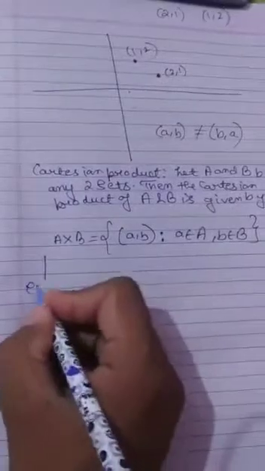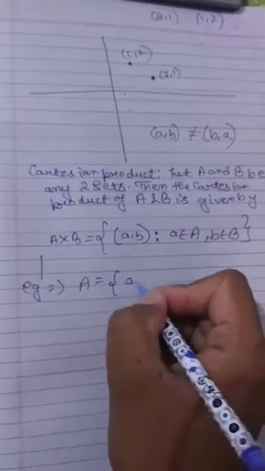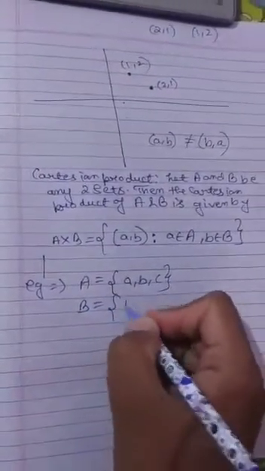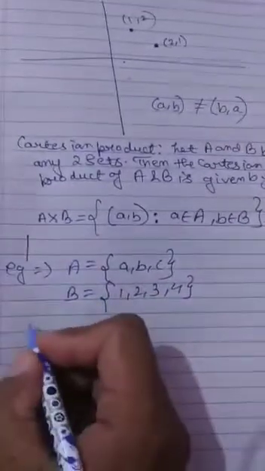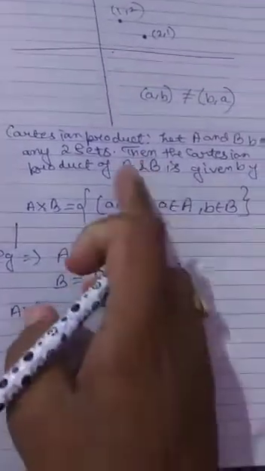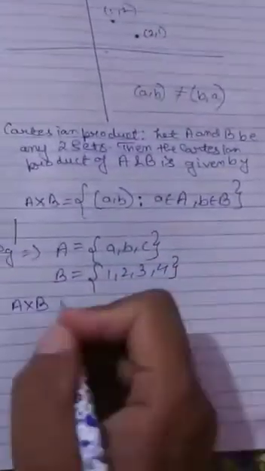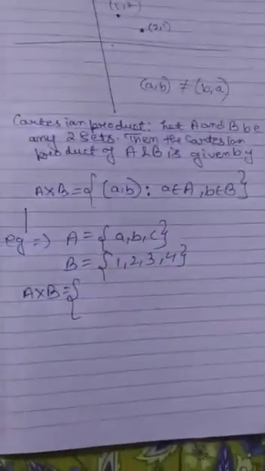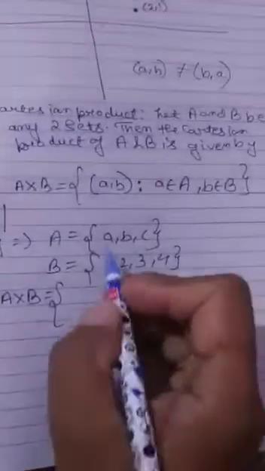For example, let's say A is equal to A comma B comma C and B is equal to 1 2 3 4. Now we have to calculate A cross B. According to Cartesian product, A cross B is A belongs to A and B belongs to B. So in a set we will write all the ordered pairs of A cross B. That will be our Cartesian product. How? Let's see.